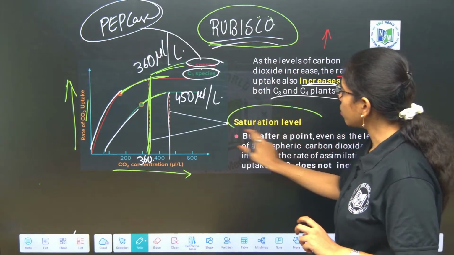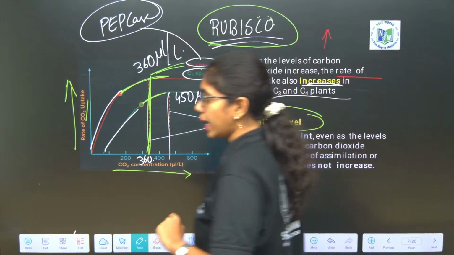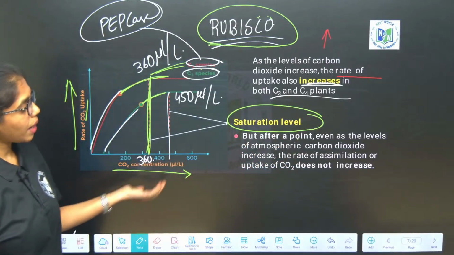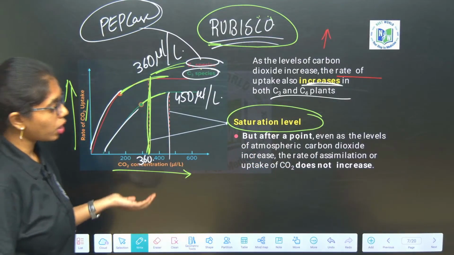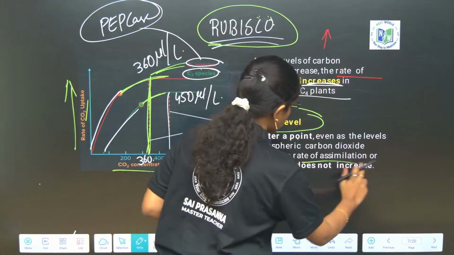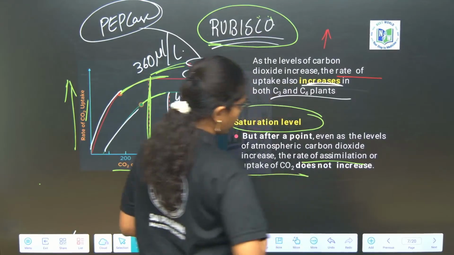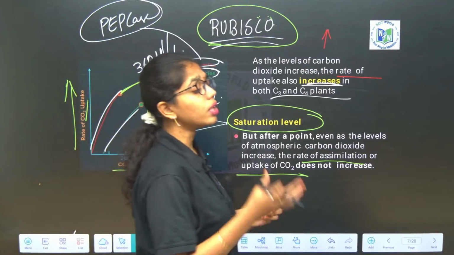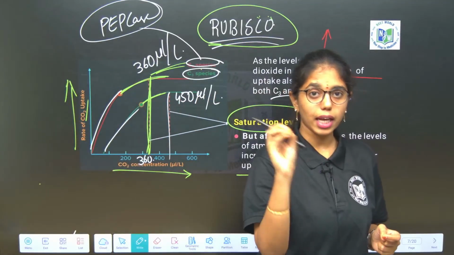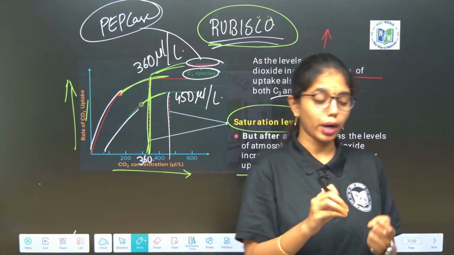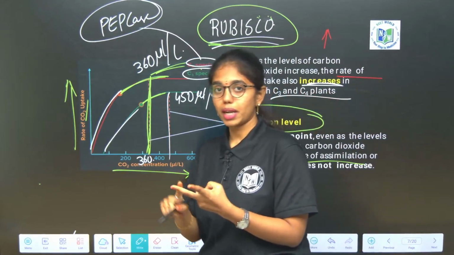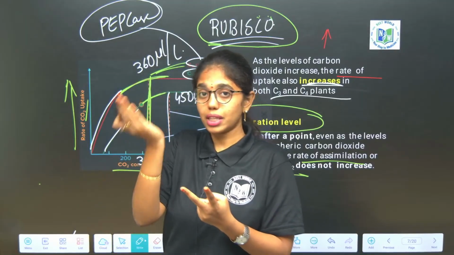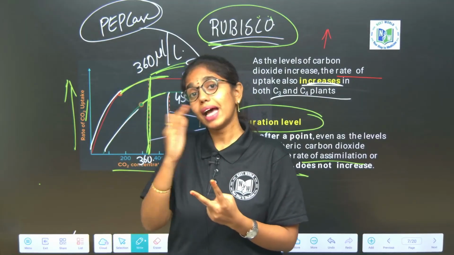Now let us look into the saturation point once again: after a point, even as the levels of atmospheric carbon dioxide increase, the rate of assimilation or uptake of carbon dioxide does not increase. So if there is a question about the comparative analysis of the carbon dioxide saturation point of C3 and C4 plants, keep in mind that the saturation point of C3 plants will be higher than C4 plants.